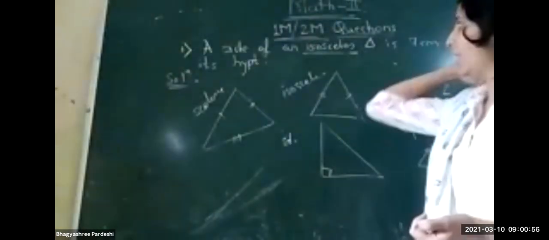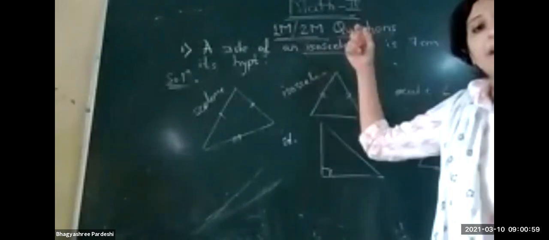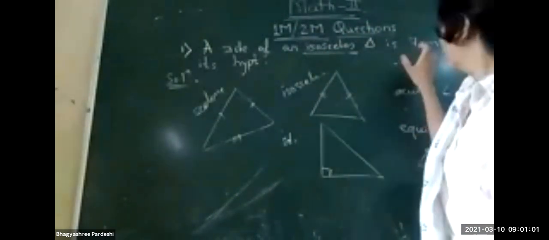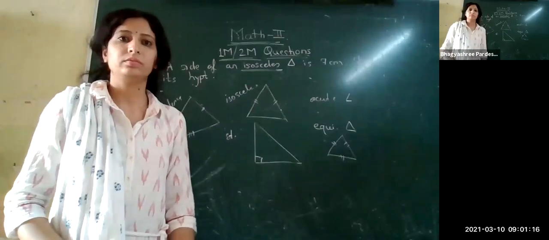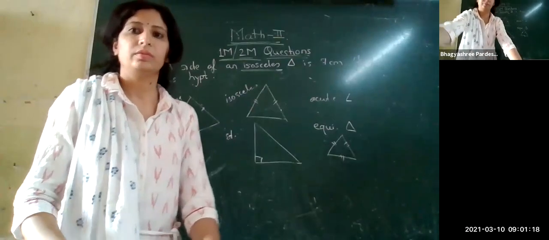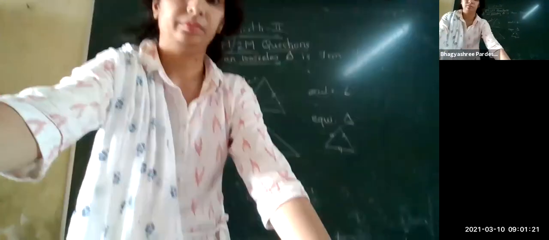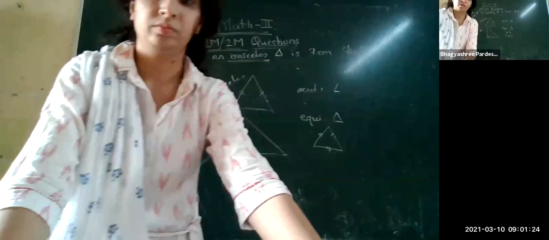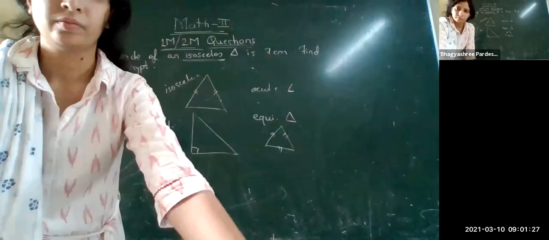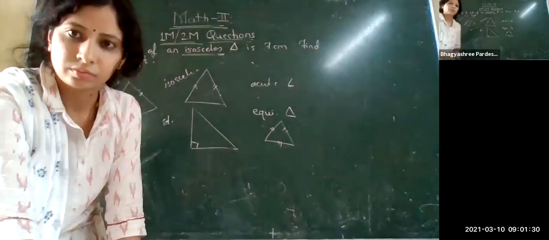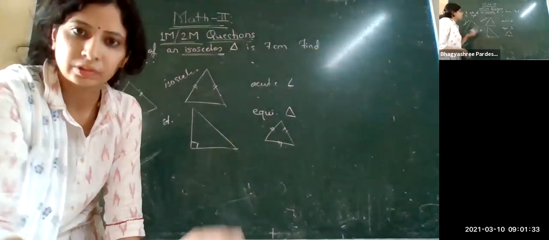Again, in this question, what is given to us? We are given one isosceles triangle. In this, one of the sides is given to us as 7 centimeters.